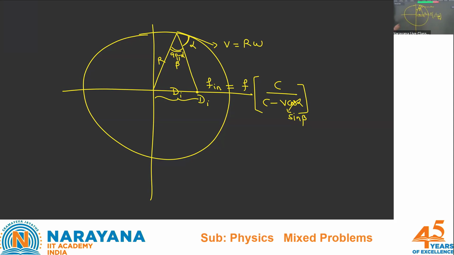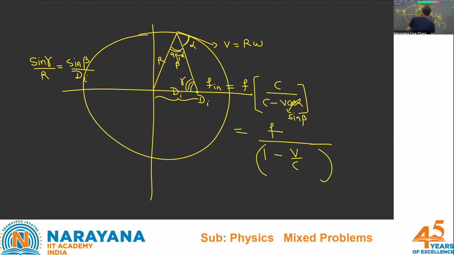Because if we use this angle as our gamma, we can write sine gamma upon r is equal to sine beta upon di. So I want to incorporate this as f upon 1 minus v upon c times sine beta, and that becomes di upon r times sine gamma.